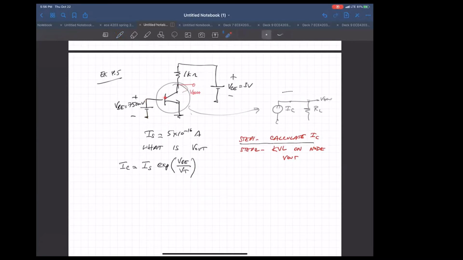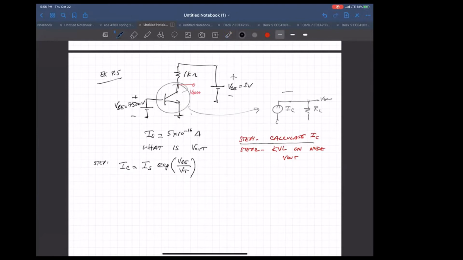We have 750 millivolts here, which is probably enough to make this forward biased. And we have 3 volts here. Depending on the value of the collector current, it's probably enough to make this reverse biased. But let's assume it's forward active and see if it's consistent.